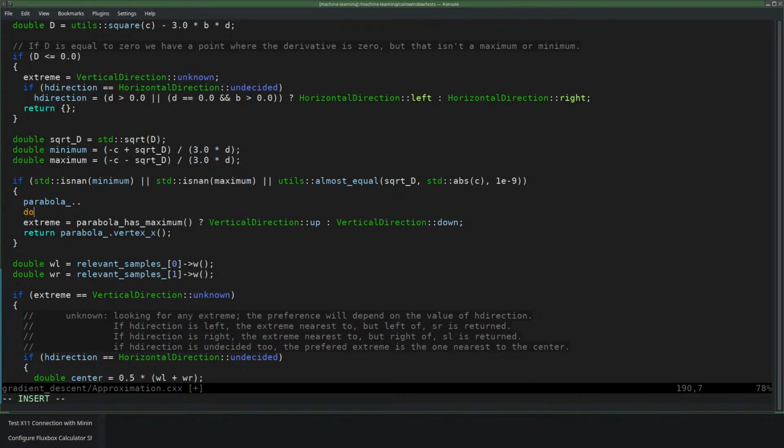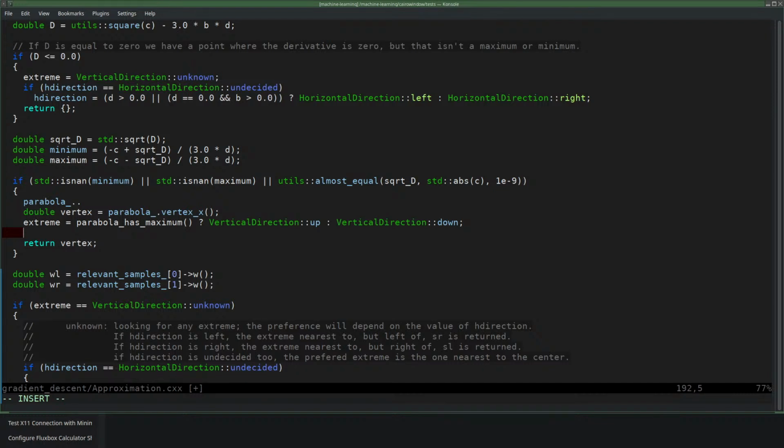Right, let's say double vertex is this thing, which you then return. And then I still need these then.